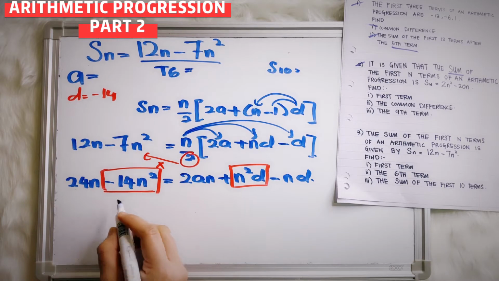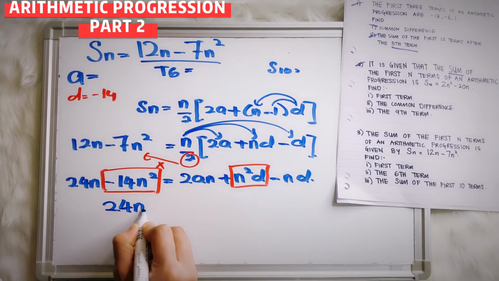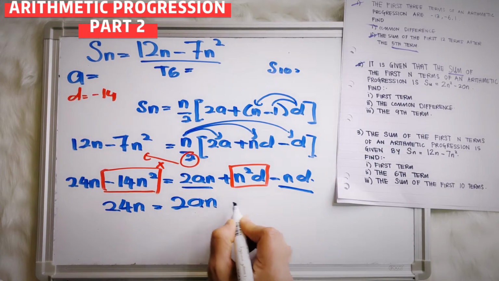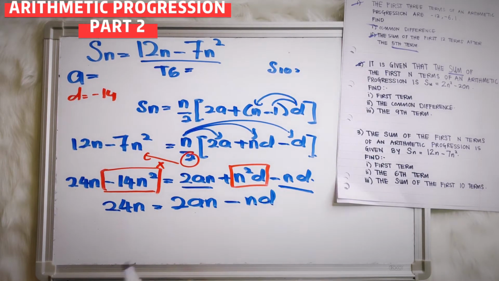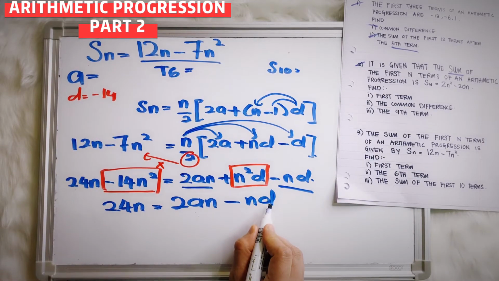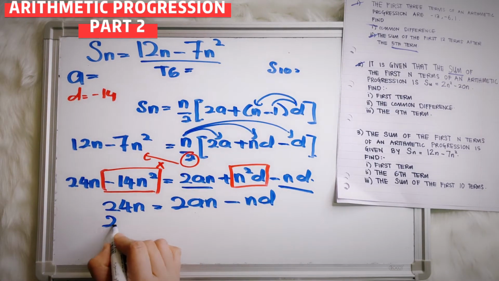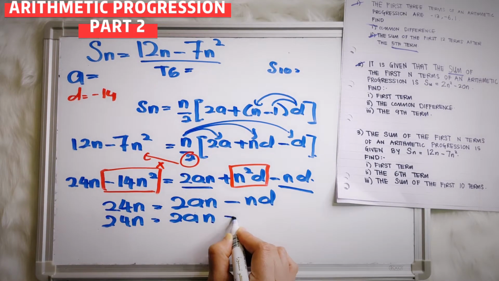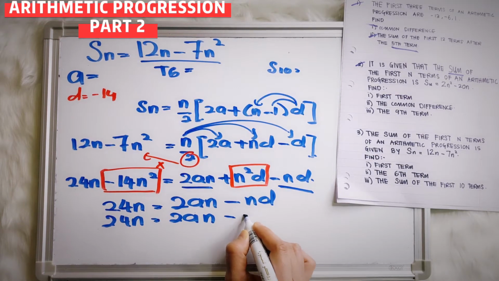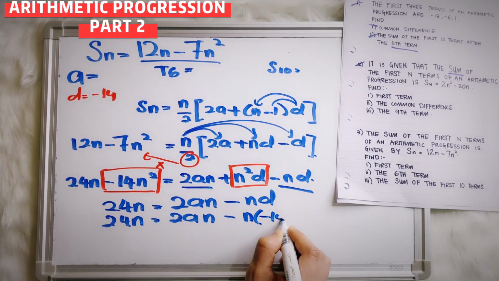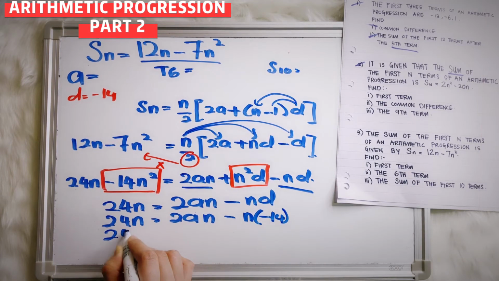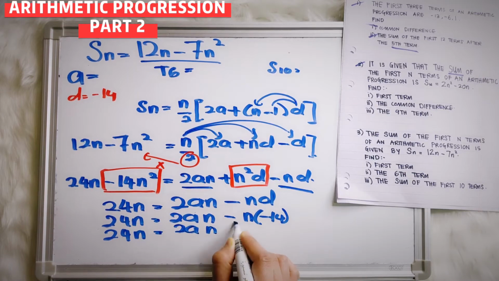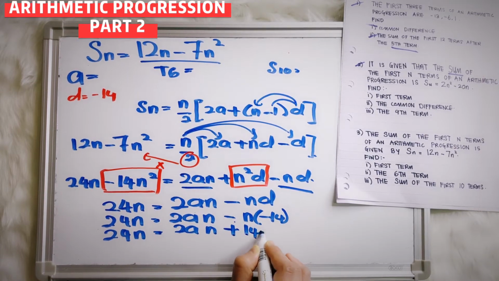I take 24n equals 2an minus nd. Now we have to replace our d. D is negative 14. So 24n equals 2an minus negative 14, negative negative positive, 14n.